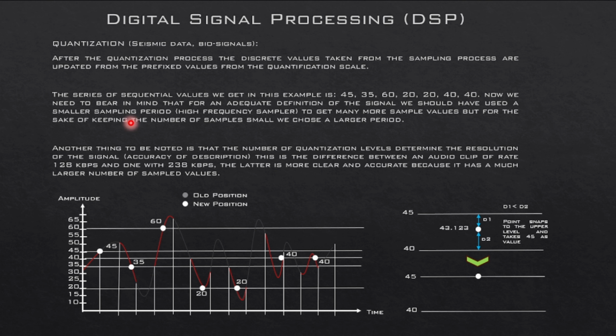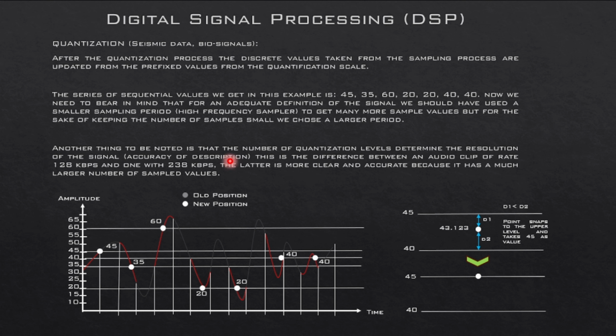Now we need to bear in mind that for an adequate definition of the signal, we should use a smaller sampling period, as we mentioned before, meaning that the samples should be much closer. We need to minimize the gaps between samples. This is what we're talking about, to have a more adequate signal, an adequate sampling process.